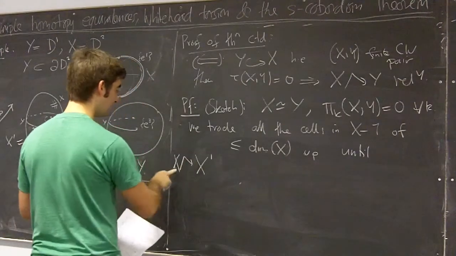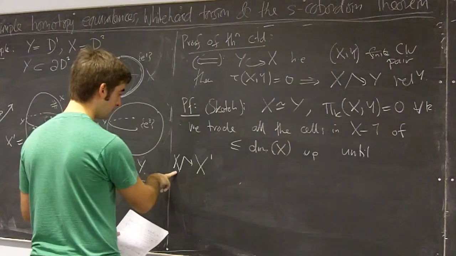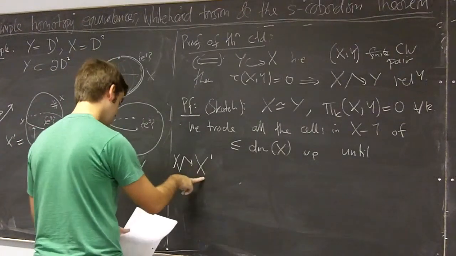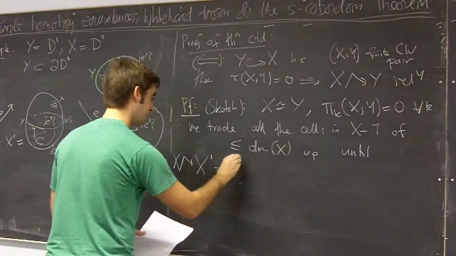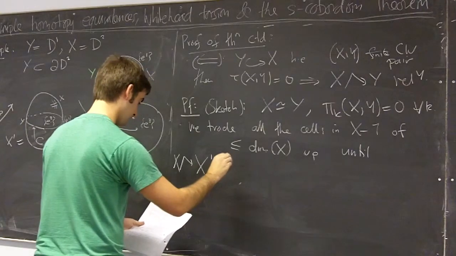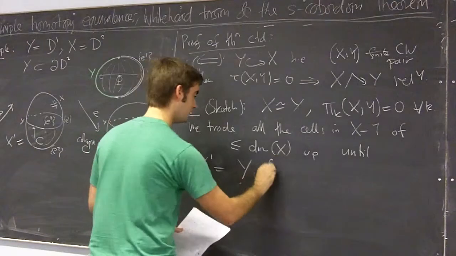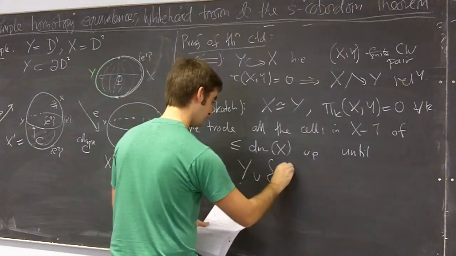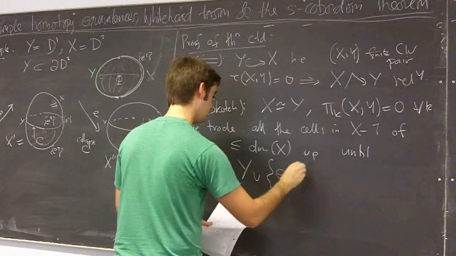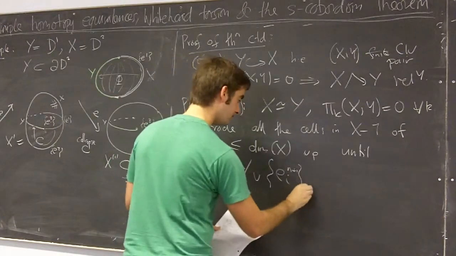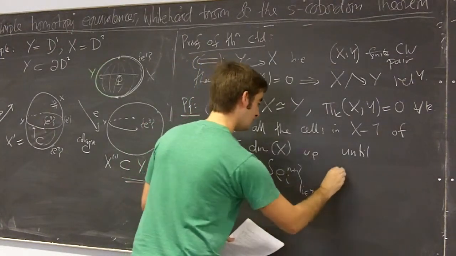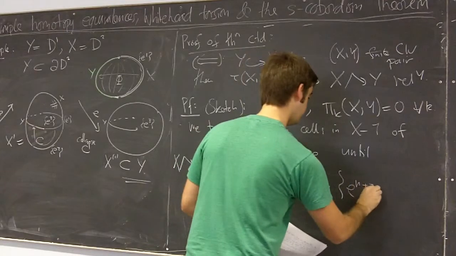So we have a simple homotopy equivalence x into x prime, where this is just y union some collection of n+1 cells and some collection of n+2 cells.